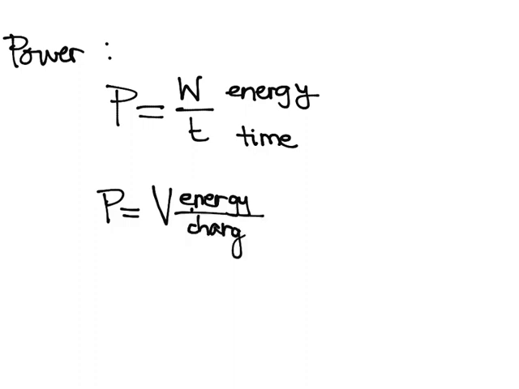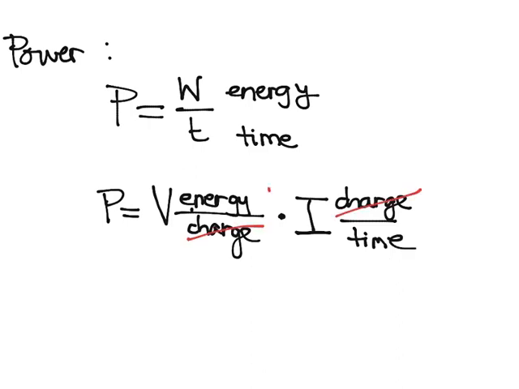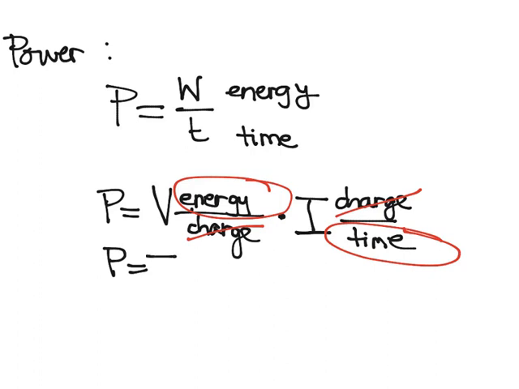Okay, so we would like to be able to have energy divided by time and somehow get rid of the charge. Notice that if we multiply by I, which is charge divided by time, so that's our current, that our charges will go away and we're just left with energy divided by time. So in general, the power law is P equals IV. Power is equal to current times voltage.